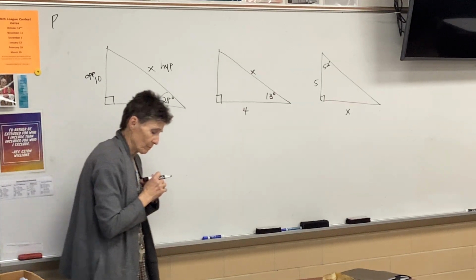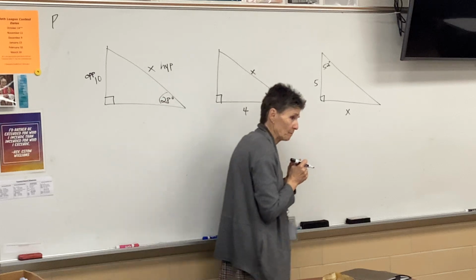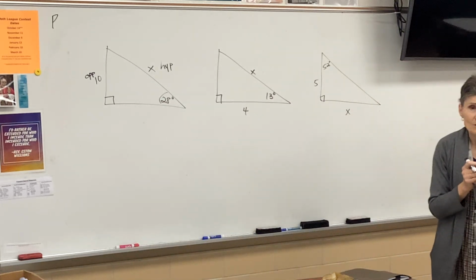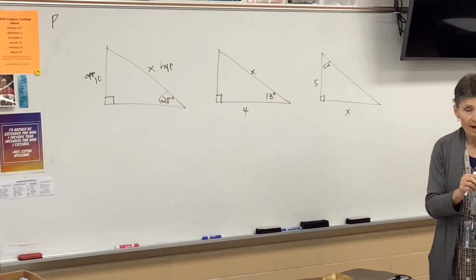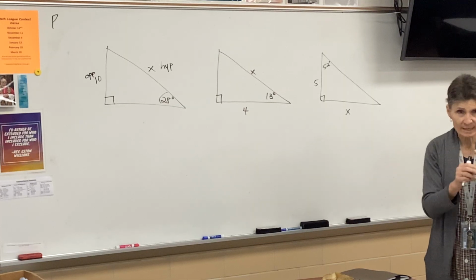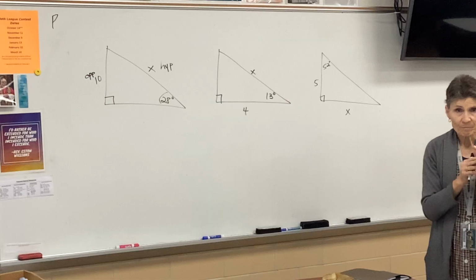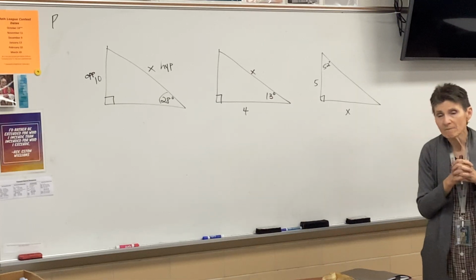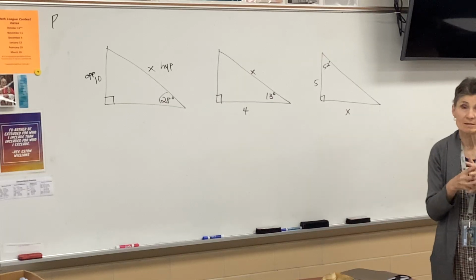Now, I'm going to write an equation. The equation I write is always going to be a sine, a cosine, or a tangent. Because I'm going to use my calculator, and those are the only functions that I have actual buttons for.